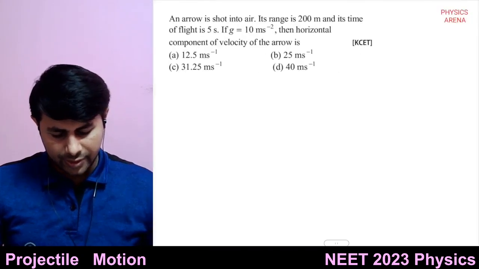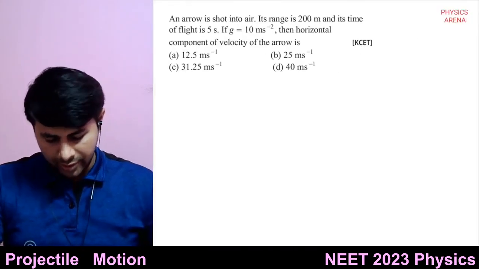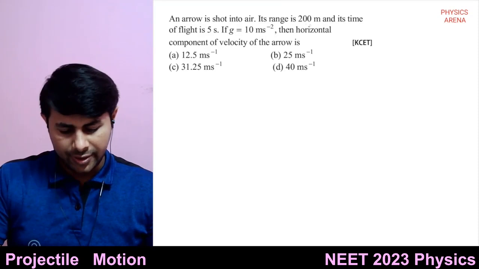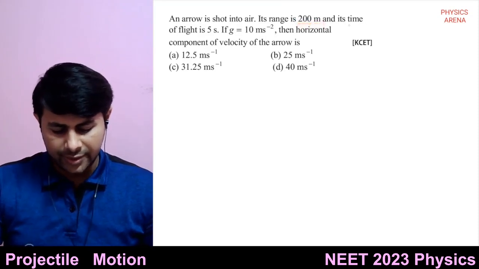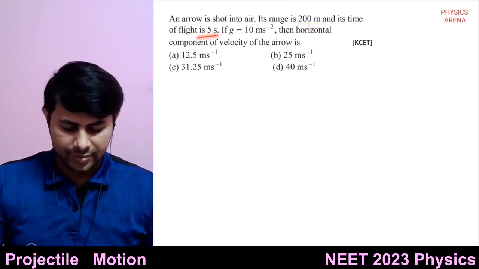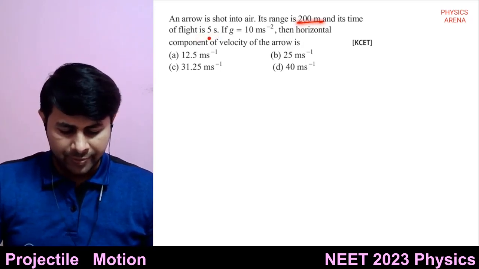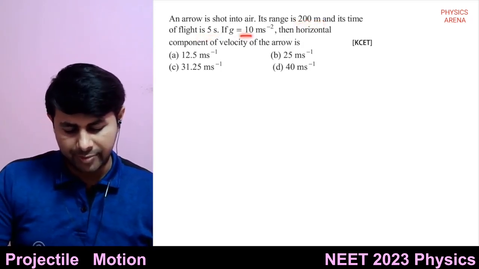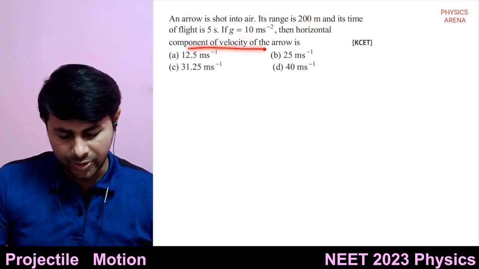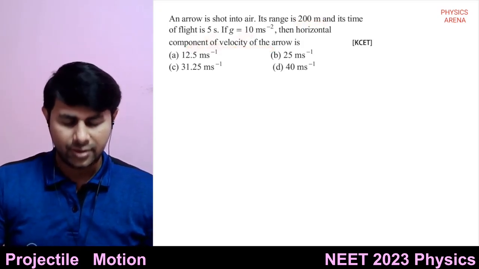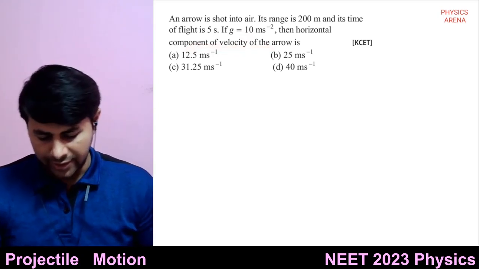So next question. An arrow is shot in air. Its range is 200 meters and its time of flight is 5 seconds. Range is given, time of flight is given. G is equal to 10 meters per second squared, and the horizontal component of velocity of arrow is asked. So range is given.